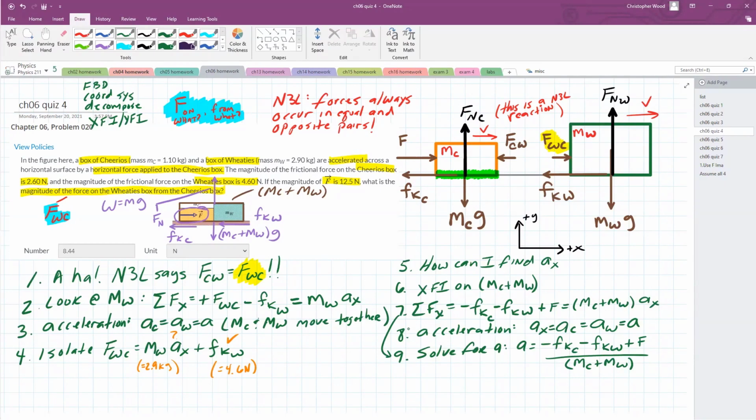Okay, so you're going to get a value for acceleration, and then now solve number 4 and be done with it.